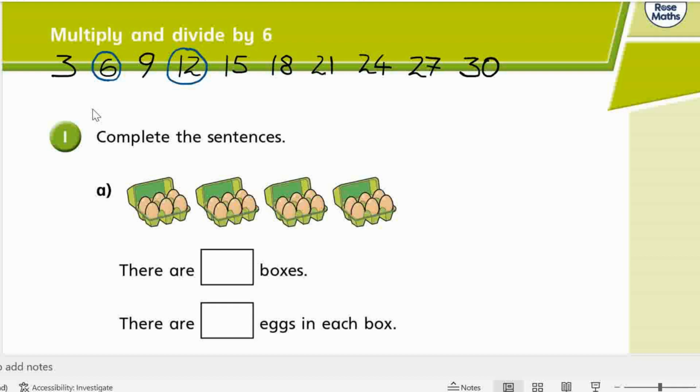What is 3 times 6? 4 times 6? 5 times 6? 6 times 6? 7 times 6? 42.